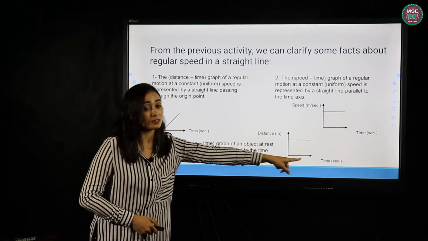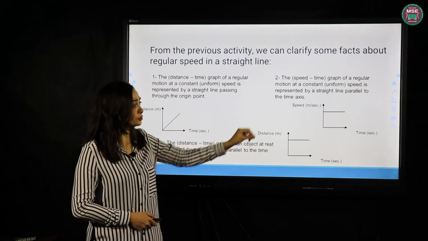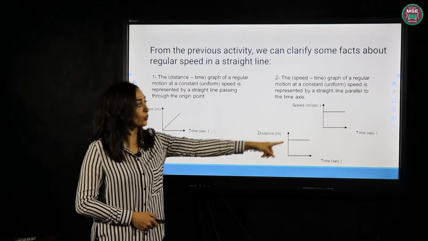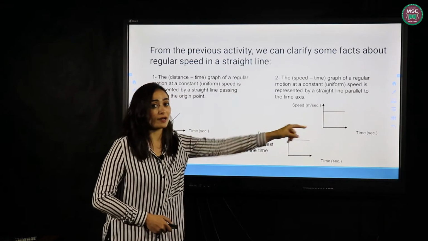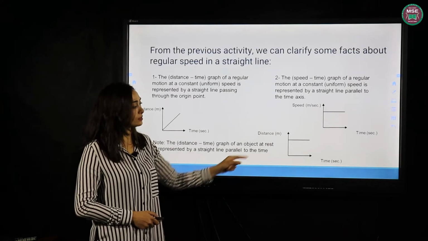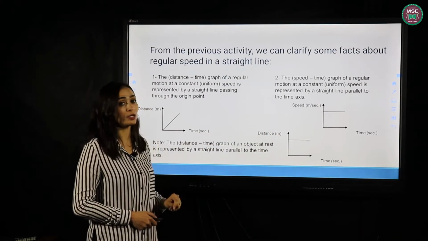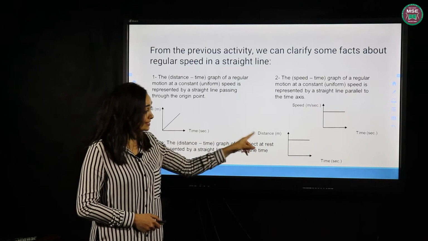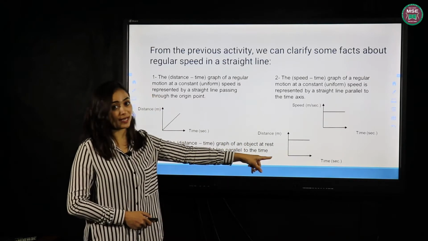Here, distance, time. So you have to differentiate: this is a body at rest, while the speed and time graph is uniform speed. Both of them are represented by a straight line parallel to the time axis. While distance and time is body at rest.